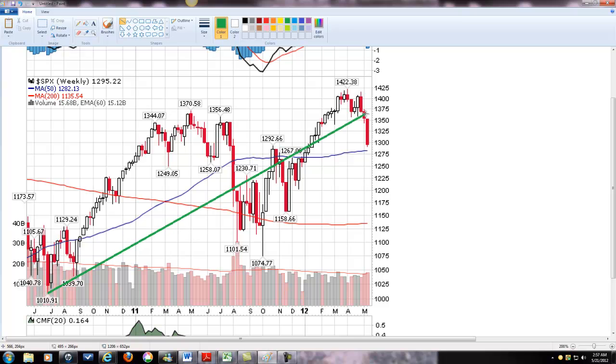As you can see, we're going to go about to 1375, and you can see this clear break right in here around the 1350 level. That's what really got this market selling to the downside.